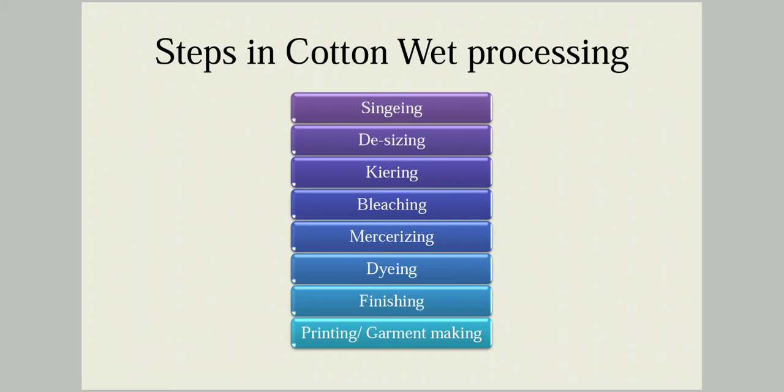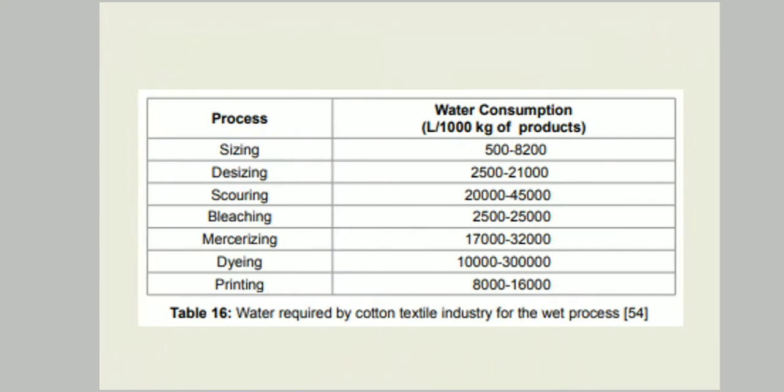Only in cotton is mercerizing done. Then we go for dyeing. After dyeing, finishing is done, and then printing is done. All these methods use water, so they contribute to the effluent. Whatever chemicals are used in each process, we obtain them in the effluent, and all the spent fluids are also obtained in the effluent.